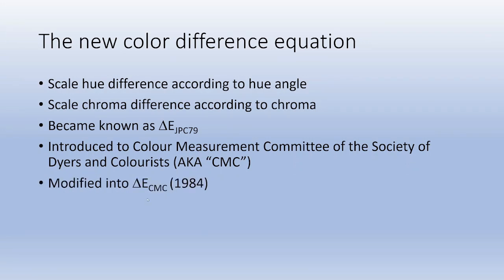And they modified it a little bit, and they developed in 1984 something called delta E CMC for Color Measurement Committee. So the wonderful thing is that now we have delta E, which is the 1976 formula. We have delta E JPC 79, which is a variation on that. And we have delta E CMC, which is a variation on that.